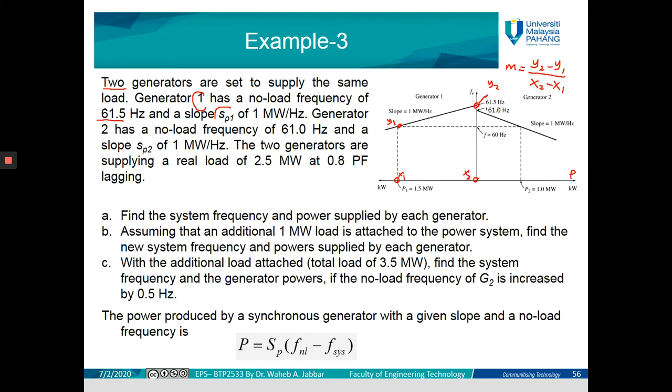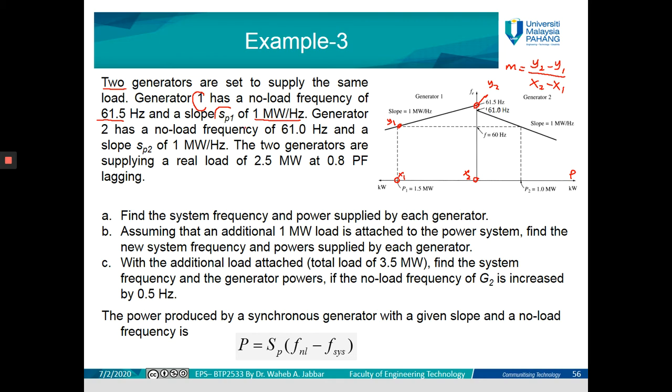So when we talk about the slope, that means the relation or how the output will change with a change in the input. So it says the slope of this line is equal to 1 megawatt per hertz. So for any change in the frequency by 1 hertz, we have a change in the output power of 1 megawatt. So if we increase the frequency by 1 hertz, the output power will increase by 1 megawatt.